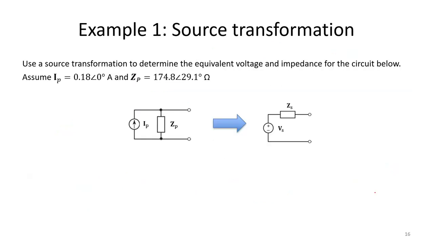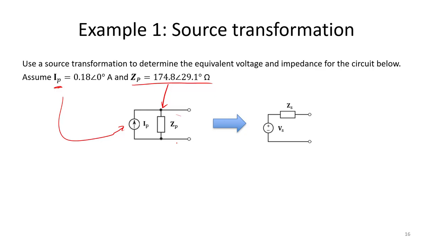All right, so let's go ahead and try a quick example. We'll see that the approach is just like what we already know for AC circuits. Here we are given a parallel current phasor and a parallel impedance.